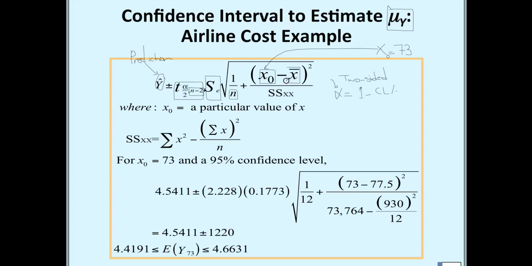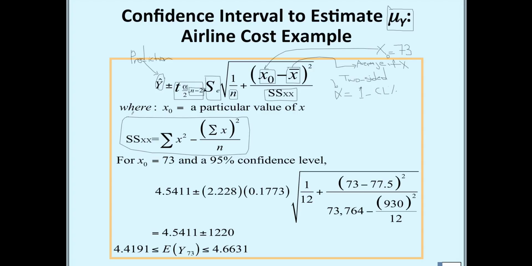X bar is the average of your x variables. For our observations, we found that the average was 77.5. And SSXX, again, we used it earlier. You know how to deal with that. That is summation of X squared minus summation of X, squared over n. And we have already calculated that many times.